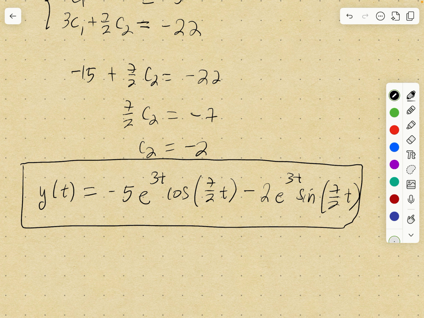Okay. So that's one where you had two complex roots. Let me see if I can find one where you have a repeated root. Well, it's not that hard to make one up, but let's see if I can find one.